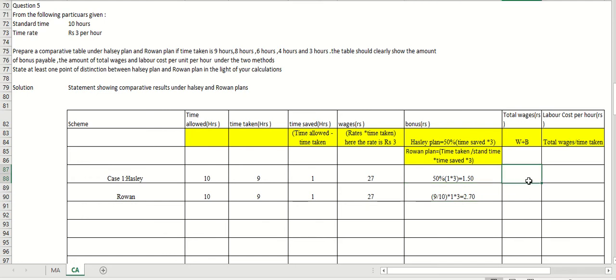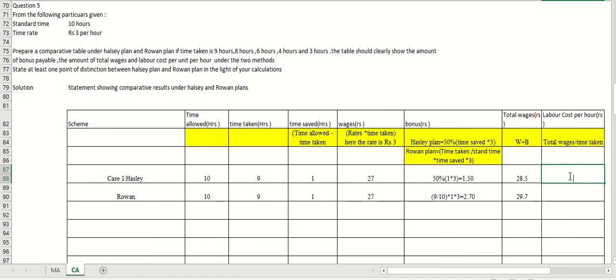Now the total wages. How do we basically calculate the total wages? It is wages plus bonus. That is how we get our total earnings. So 27 plus 1.50, which you get 28.50. Under the Rowan method, 27 plus 2.70 is 29.70. So your total wages divided by time taken, you will get the labor cost per hour, or the total earnings divided by the time taken.